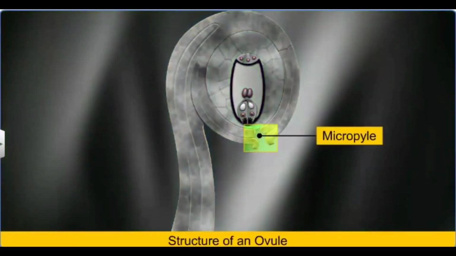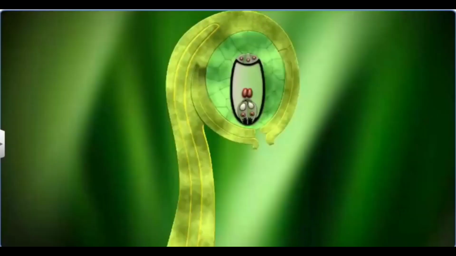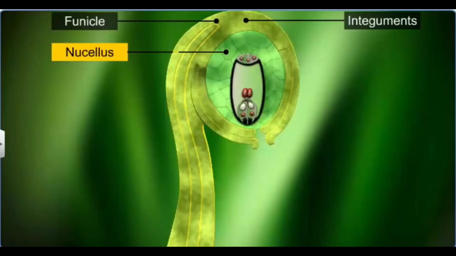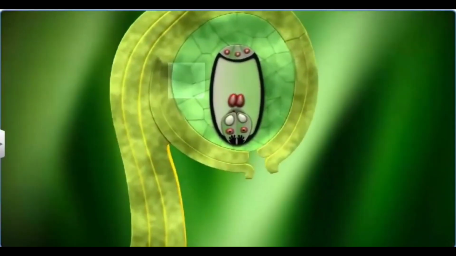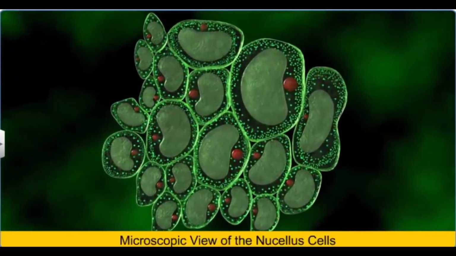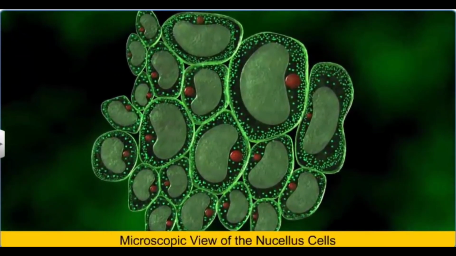While the micropyle forms one end of the ovule, the chalaza forms the basal part of the ovule. At the chalazal region, we find that the funicle and integuments join the nucellus, the center region of the ovule that's made of a mass of diploid, colorless, thin-walled parenchymatous cells containing food reserve materials.